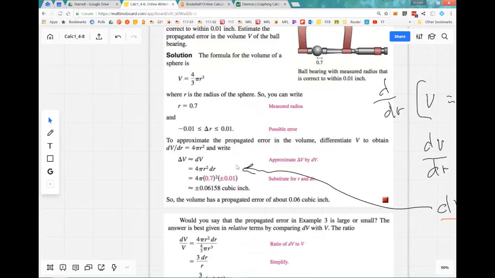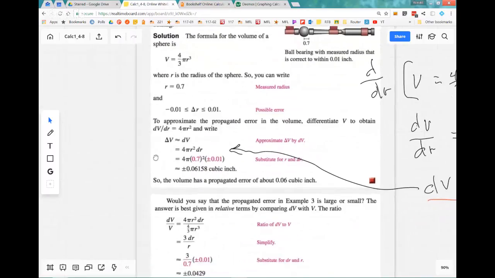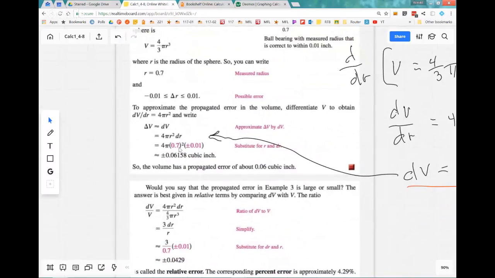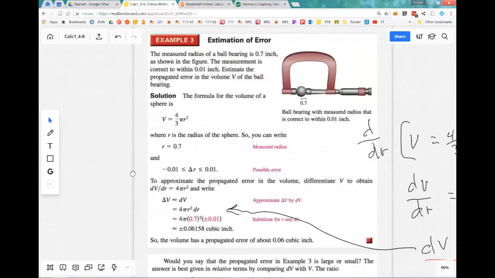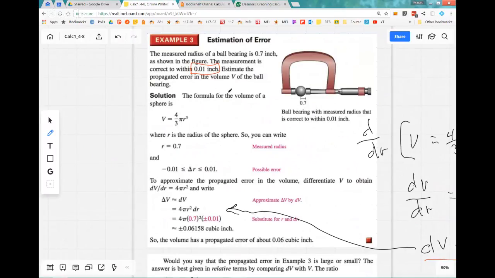All right. So now what's the radius? The radius given in the problem was 0.7. Plug it in. And dr, that was this thing up here on the top. The measurement is correct to within 0.01 of an inch.